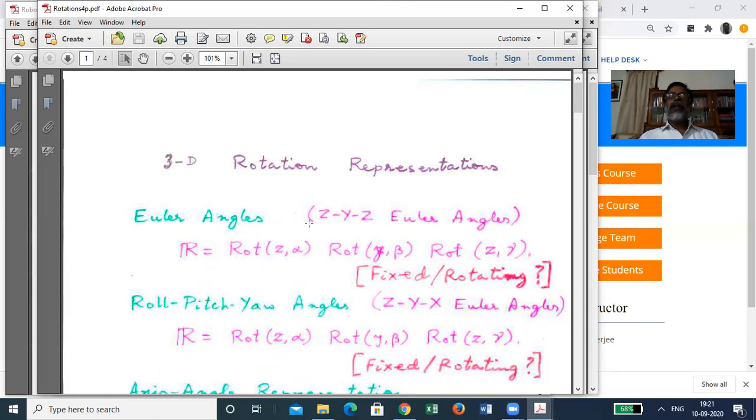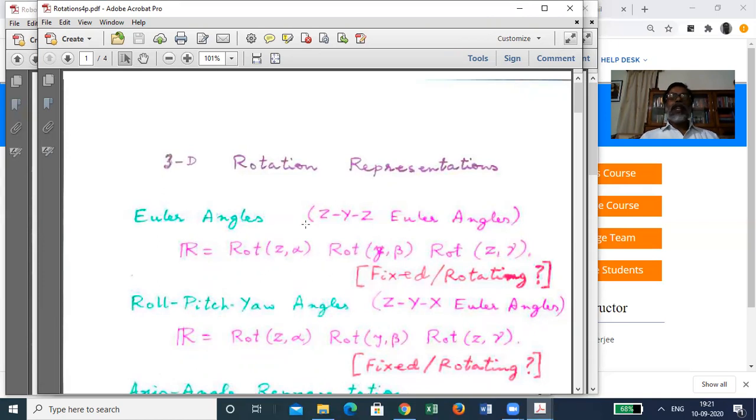Now sometimes they are referred to as ZYZ Euler angles in order to differentiate them from another representation which were to begin with not Euler angles, but something similar to that. We'll come to that.